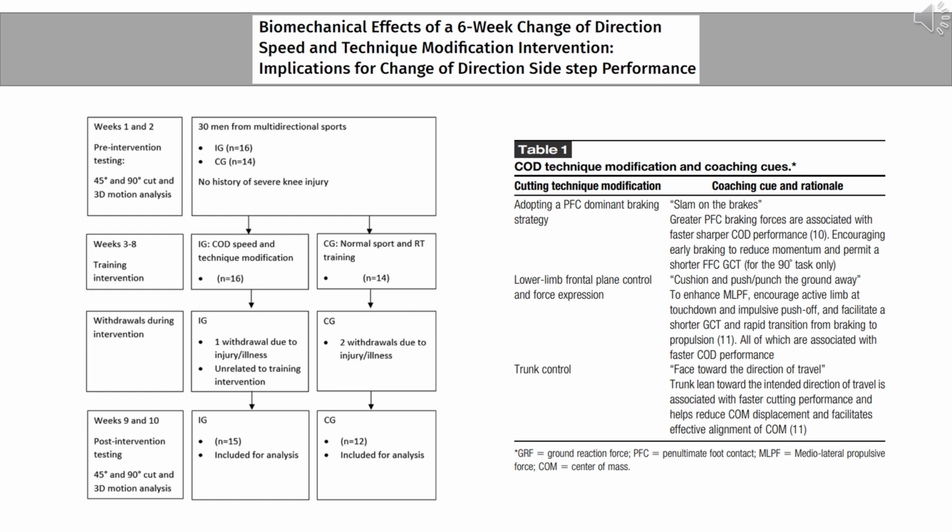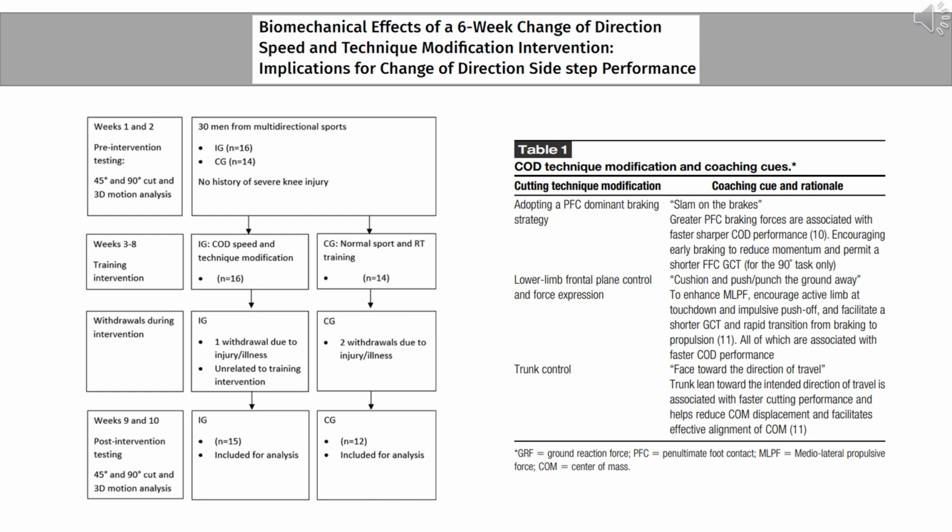So these 3 aspects were focused on during the 6-week intervention, and Tom looked at a very wide range of performance and biomechanical measures to see whether actively coaching to try and improve change of direction performance not only improved how fast they do it, but some other important metrics as well.